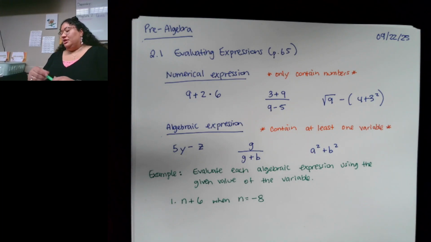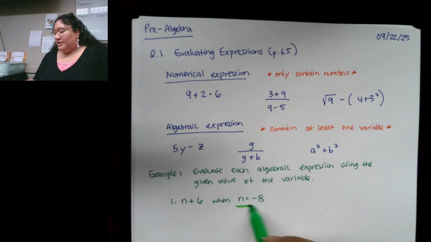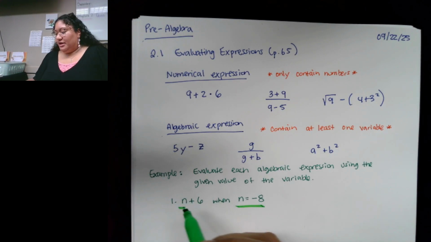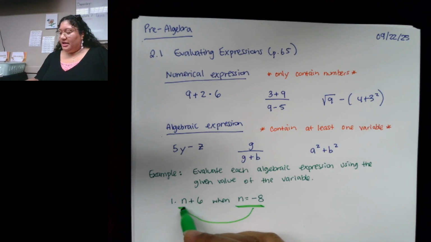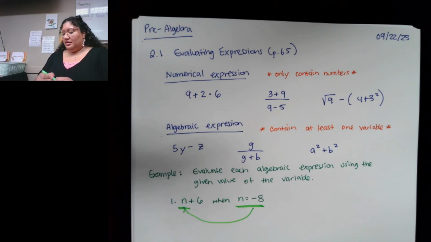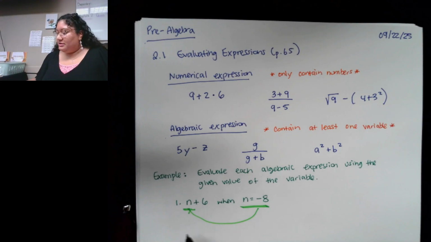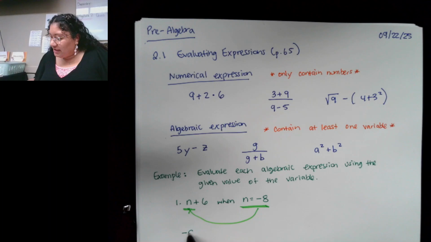Well, n is negative 8. n is over here. What do we think we'll do with that? Plug it in, plug it in. If that's what you said, you are correct. Awesome. So I do negative 8 plus 6.